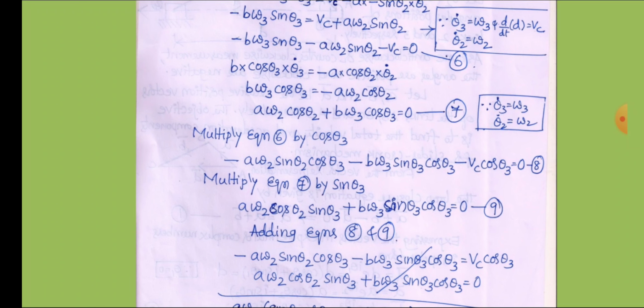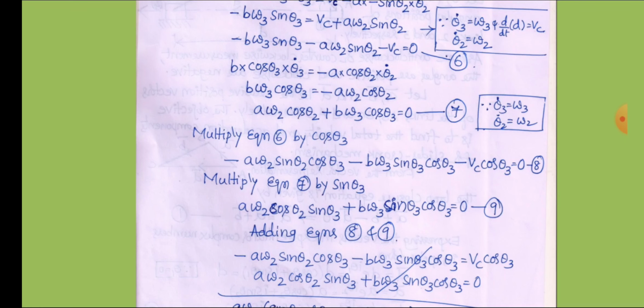Next, multiply equation 7 by sin theta 3. Then it will be a omega 2 cos theta 2 into sin theta 3 plus b omega 3 cos theta 3 into sin theta 3 is equal to 0 into sin theta 3, which is 0. So now I got equations 8 and 9. And how to solve? I have to add. If I add minus b omega 3 plus b omega 3, these two terms are going to cancel.